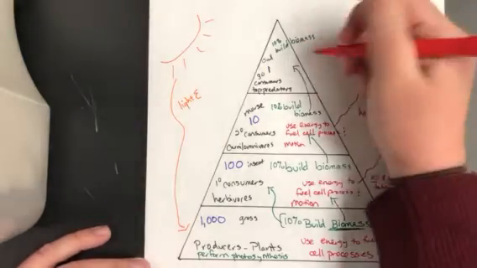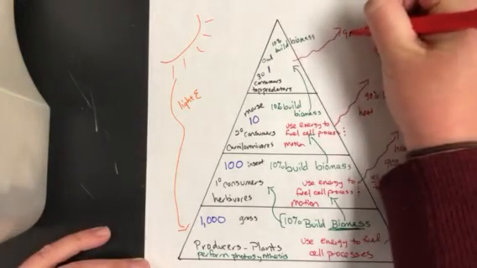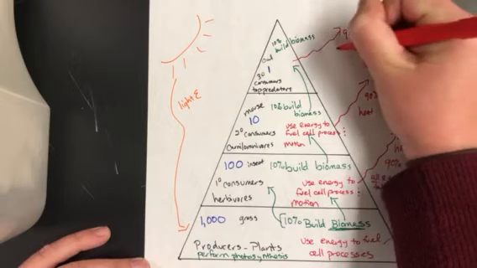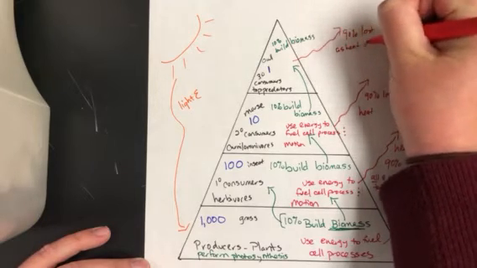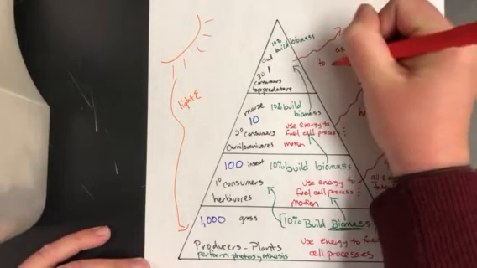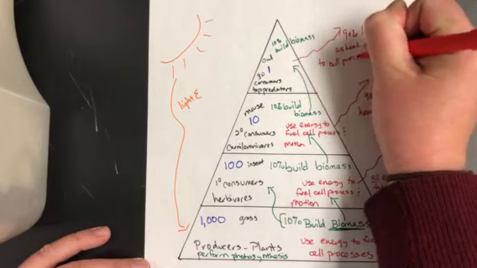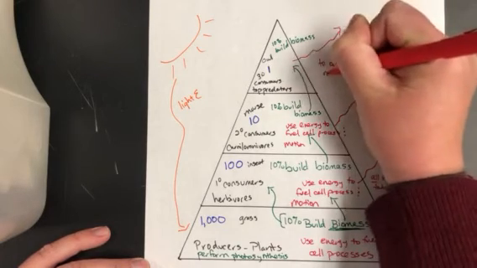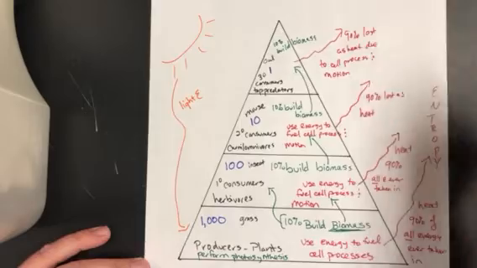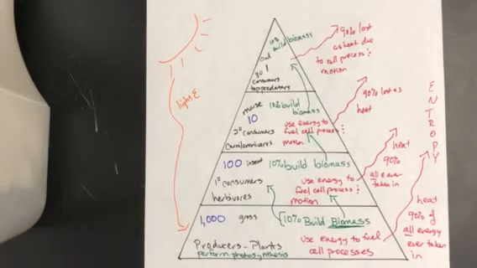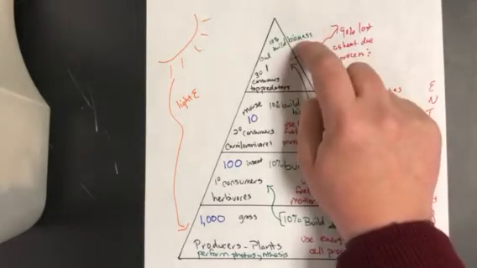And again, 90% lost as heat due to cell processes and movement or motion. Okay. And someday that owl will die, and that owl will get eaten by a decomposer, and the decomposer only gets 0.1 units because the decomposer can only access the biomass.